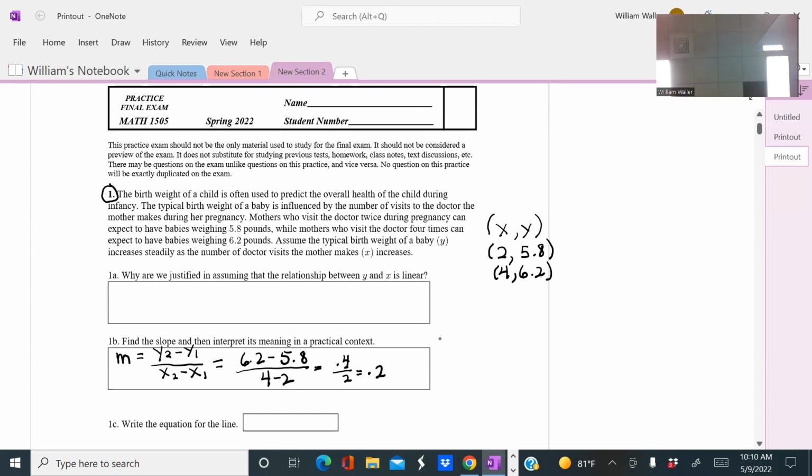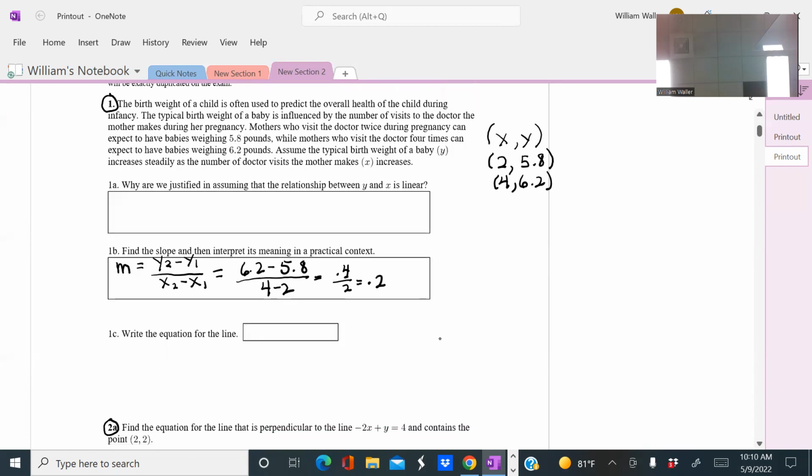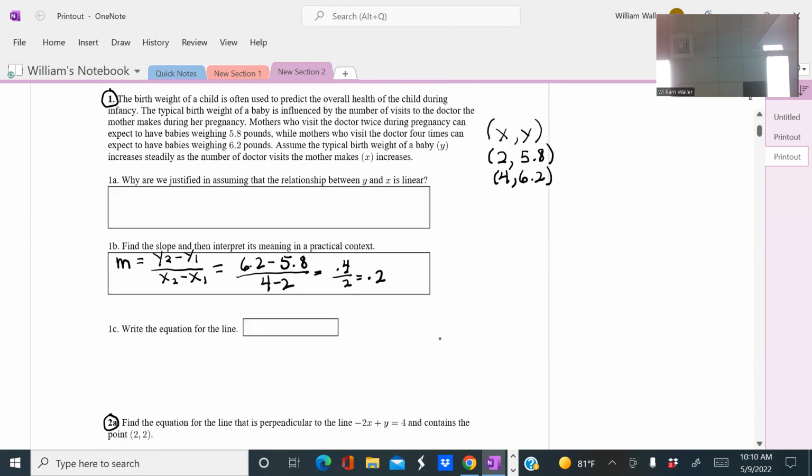And now write the equation for the line. So we just have to remember our different forms for the equation for the line, right? One of them is our favorite. That's the slope intercept form, where you know the slope and you know the y-intercept, but here we don't really know the y-intercept.